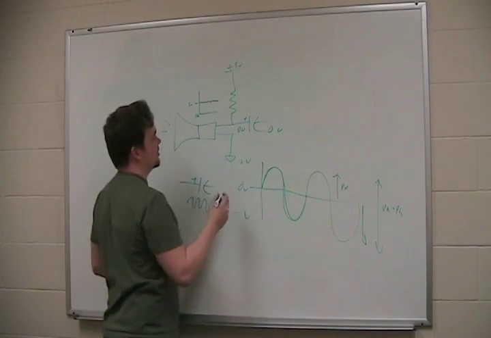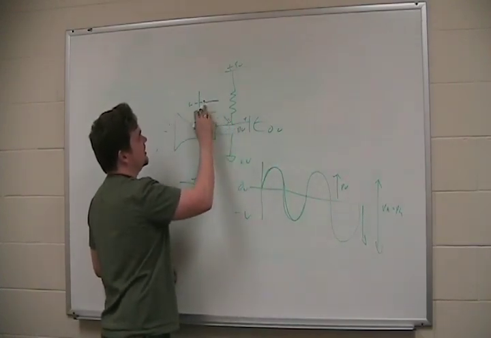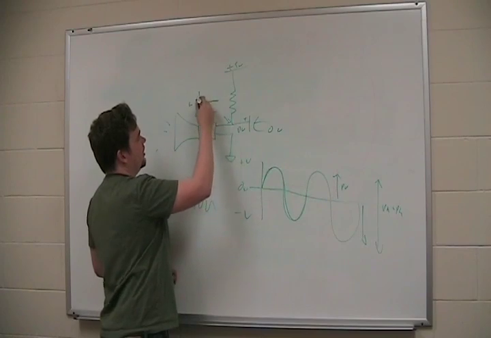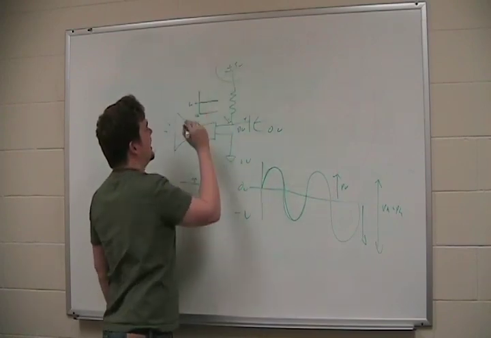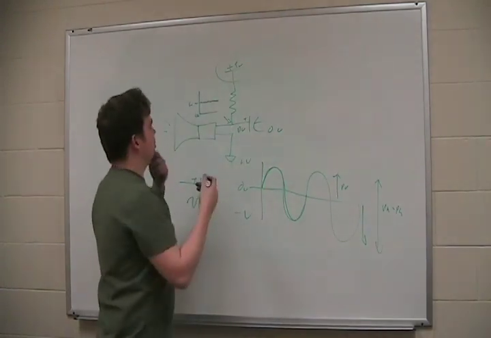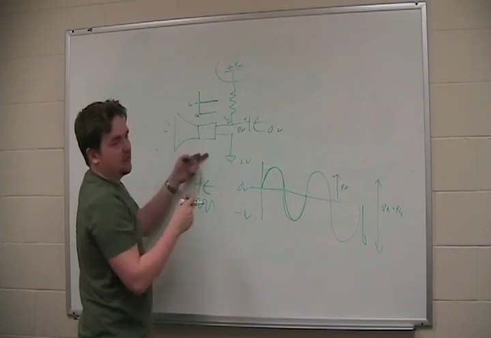So what we're going to see right here is our DC component, from the 5 volt line, and our AC component, which is the audio signal that's vibrating, being created from the microphone.